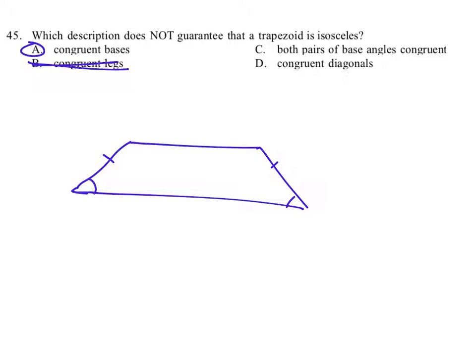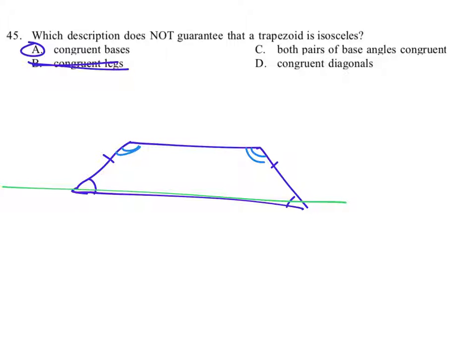What else? Both pairs of base angles are congruent. Well, again, going backwards, that's just a fact about these things, that both pairs will be congruent. It has to do with the fact that the lines are parallel.